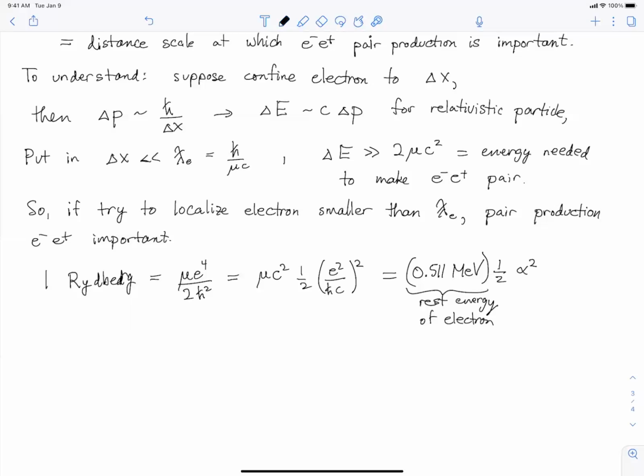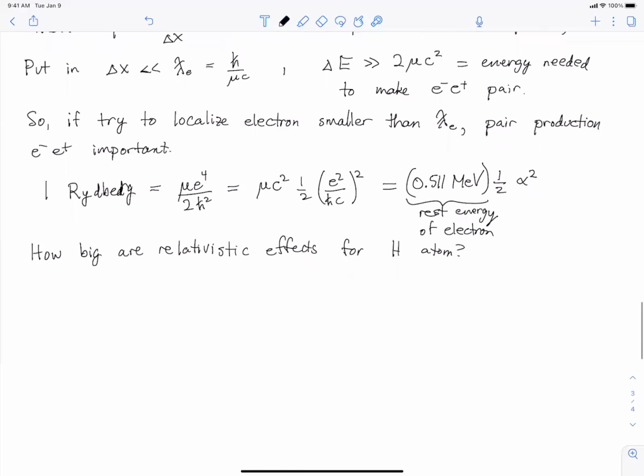So another way of saying this is, how big are relativistic effects really? The answer is going to be that they're very small, but let's check that out. So how big are relativistic effects for the hydrogen atom? So first, let's remember the non-relativistic Hamiltonian, the one we've been using.